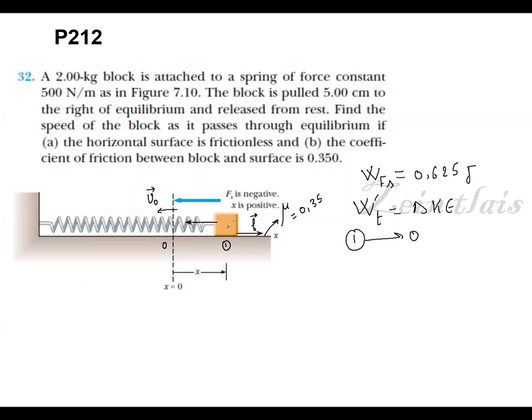We have just the work done by Fs and by small f equals the final kinetic energy, m vo square over 2 minus 0, because the object was at rest.